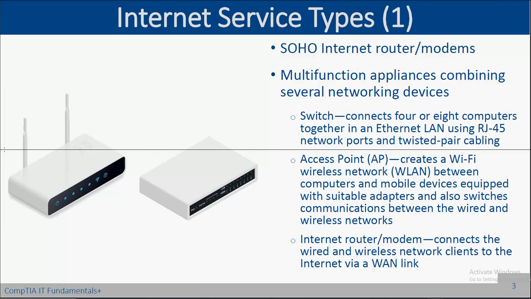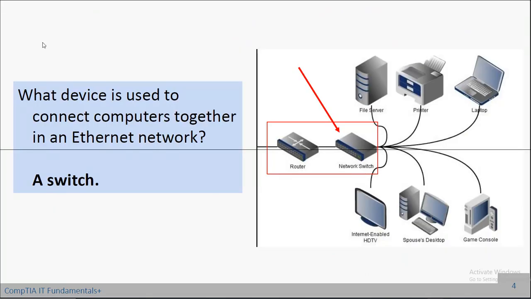The access point or the Wi-Fi router is what allows you to connect your mobile devices without using wire, right? And then the router portion of it is what allows you to connect that network in your house to the internet through what is called a WAN link. So, and again, this is very typical in homes and in small offices.